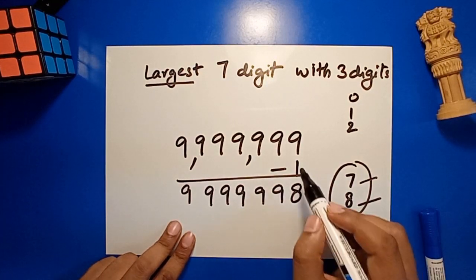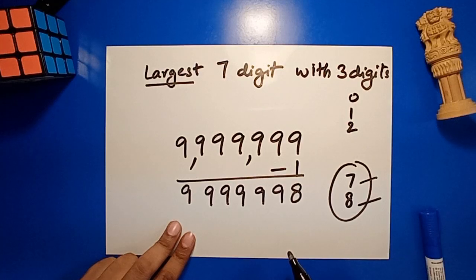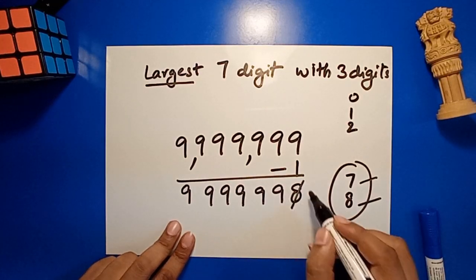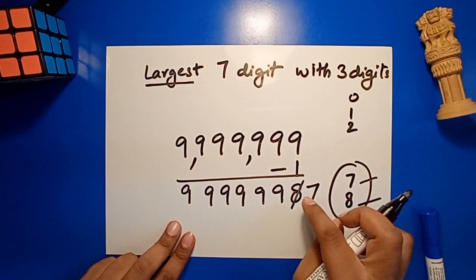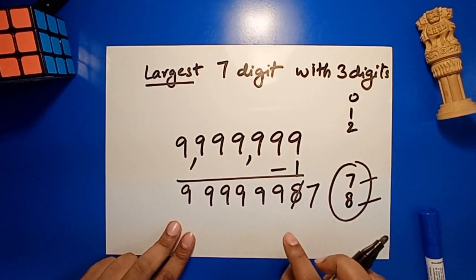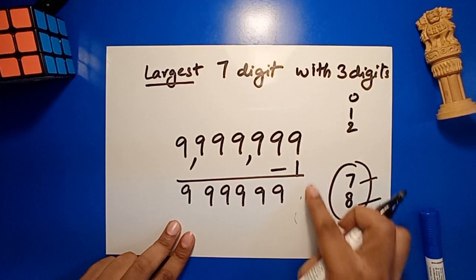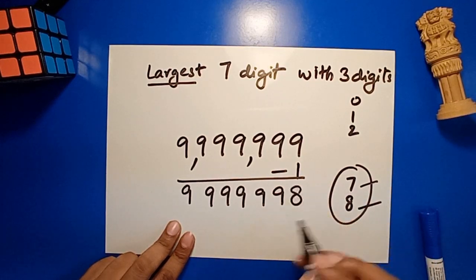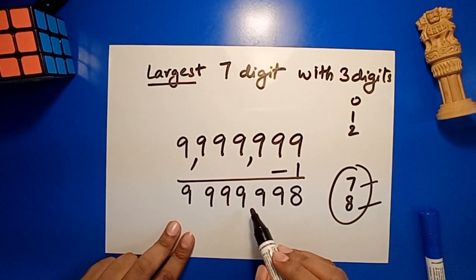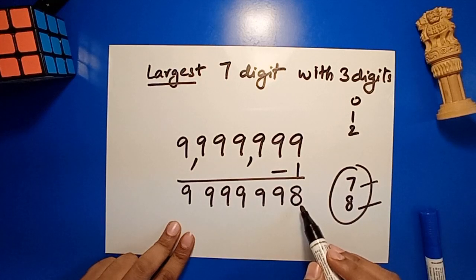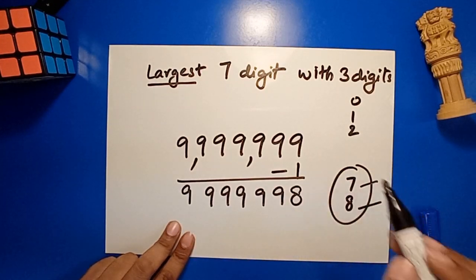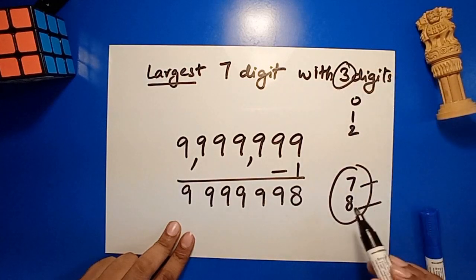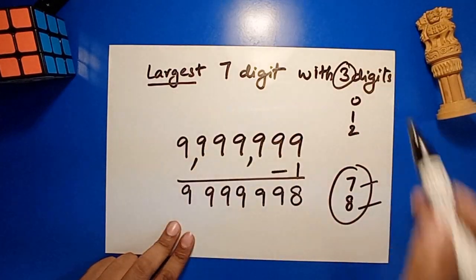Now if I subtract one more, it will become 9,999,997, but it still doesn't solve my problem. It is still using only 2 digits. So I cannot subtract 2. So 9,999,998 uses 2 digits, but I have to find the largest number with 3 digits.